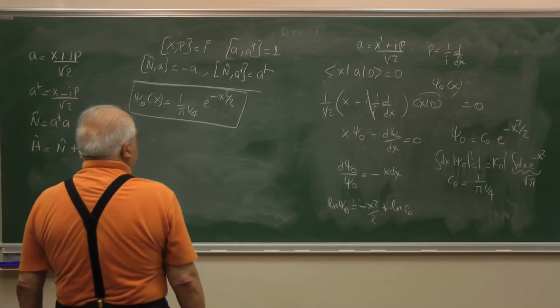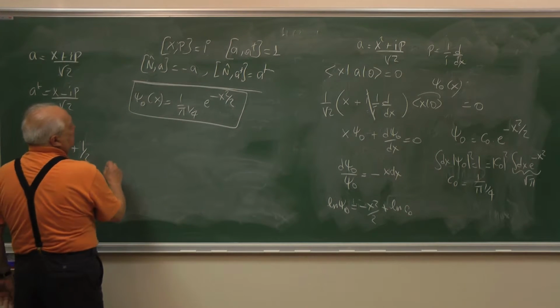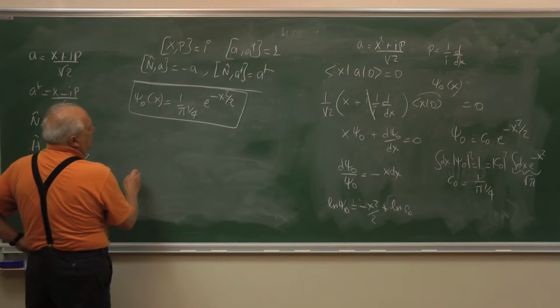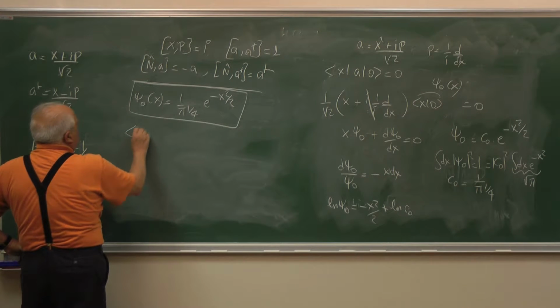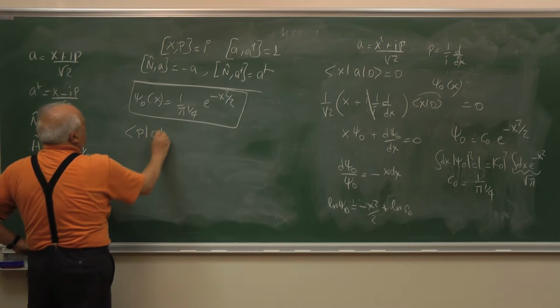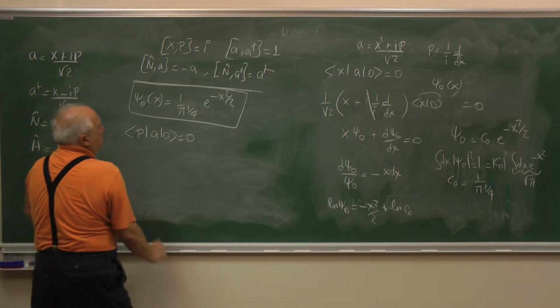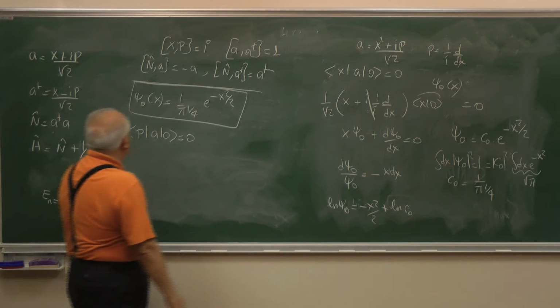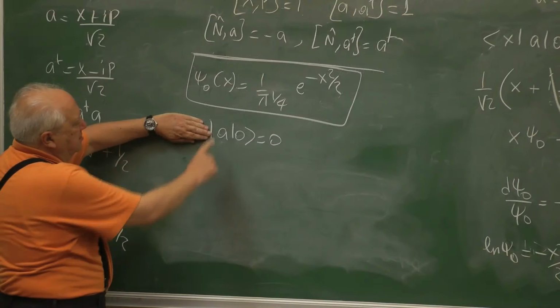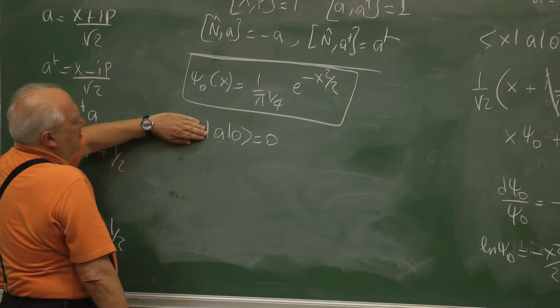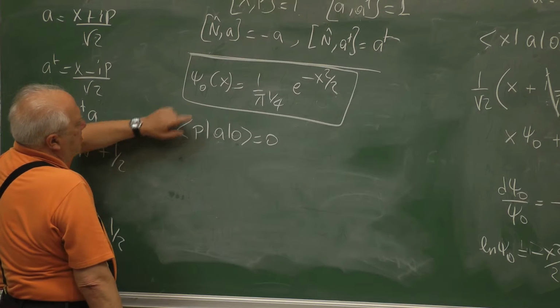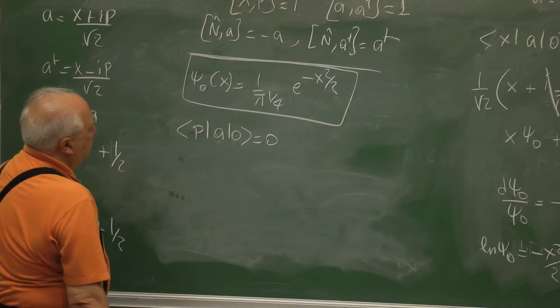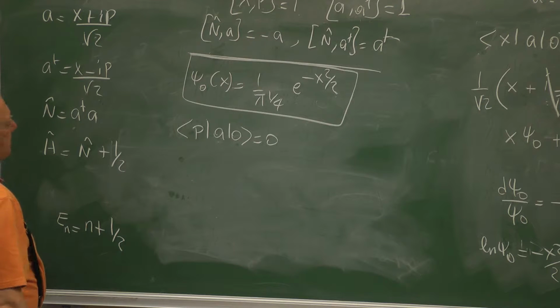Let's also look at the wave function in the momentum space. So we just look for this one, P A 0 is equal to 0. Instead of x, I used, namely A0 is the null vector, and I'm looking at its P component.